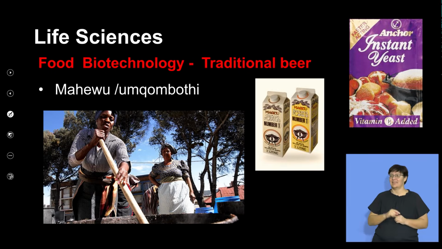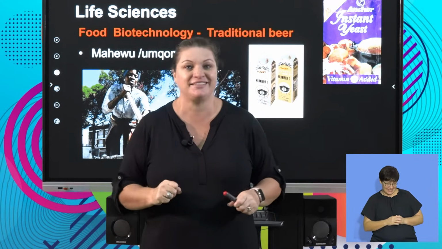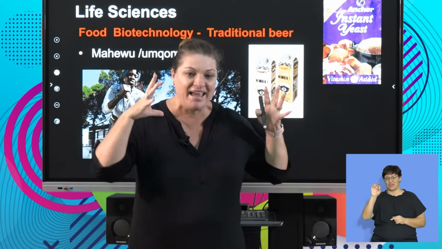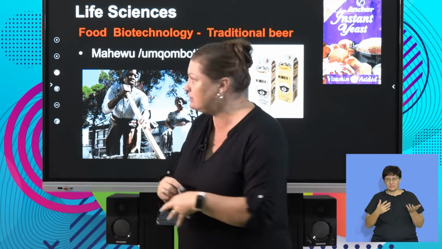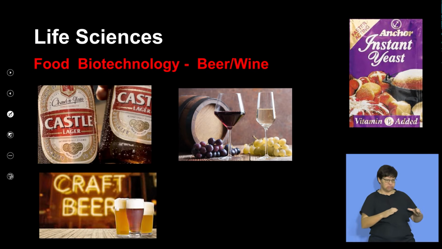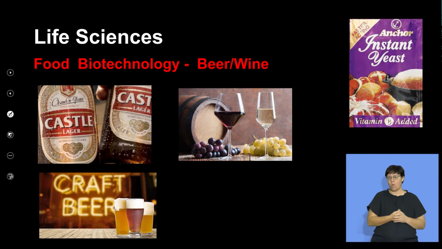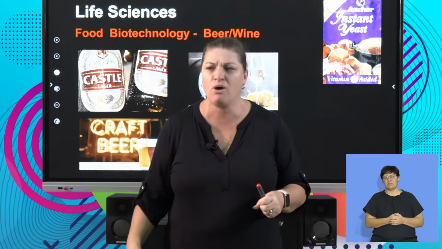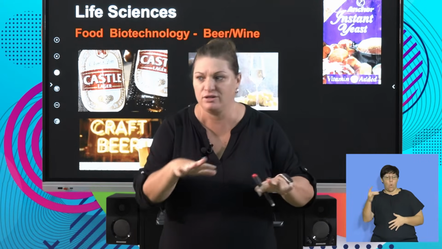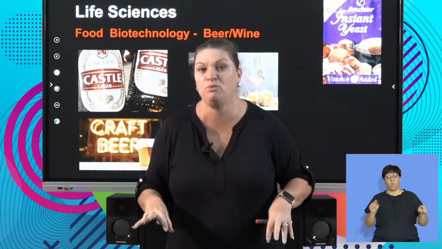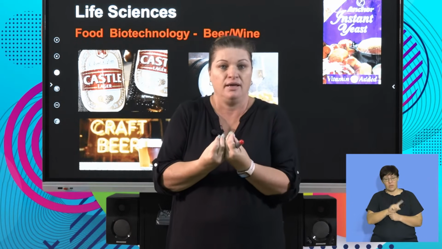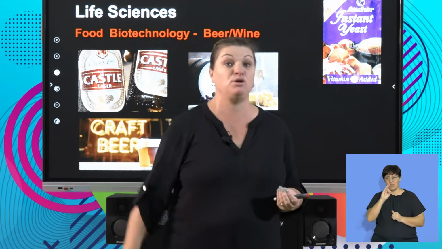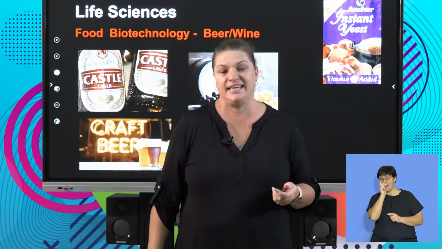Yeast. Yeast is a fungus. And when we make any kind of alcohol, if we're making our traditional alcohol, or if we're having a good old Castle Light or a Castle Black Label, if we're having a glass of wine, or if we want to do all this craft beer that we want to do, all of it involves fermentation. And fermentation is a process we're going to look at later in the series.